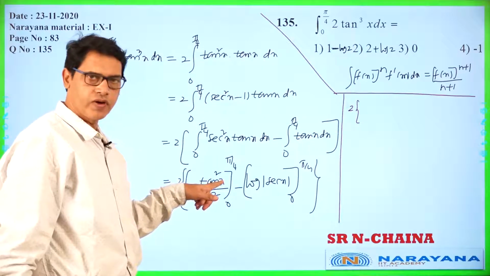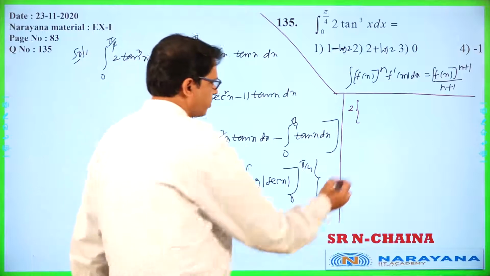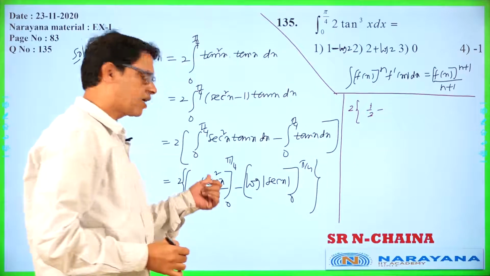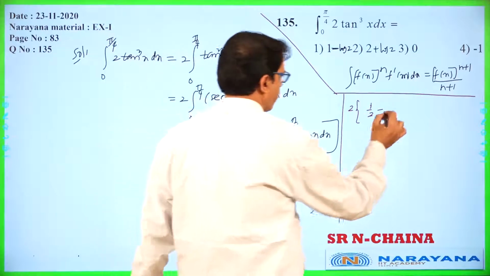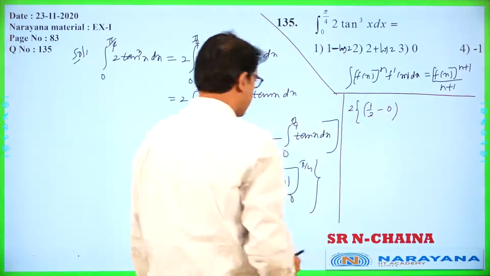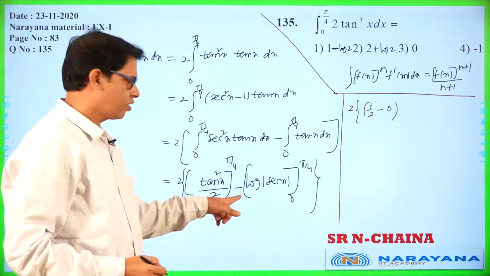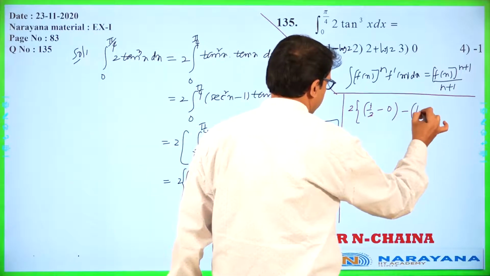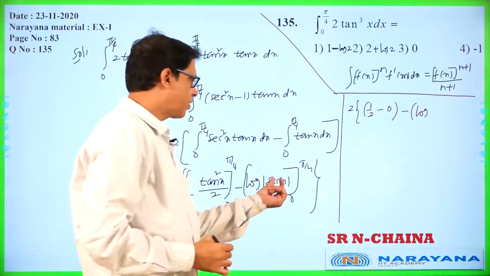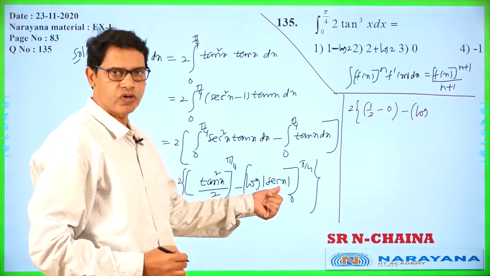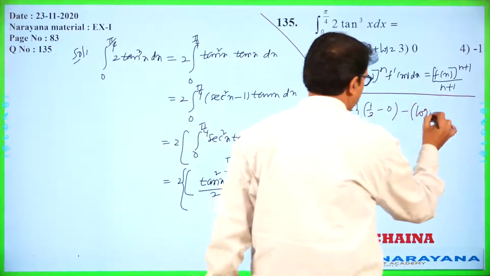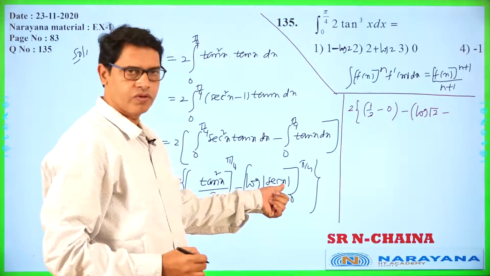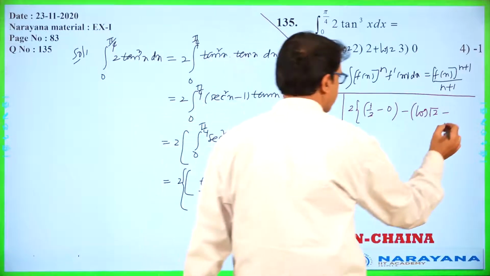Tan pi by 4 value is 1, so 1 upon 2, minus, what about the lower limit? Tan 0 will be 0, so 1 by 2 minus 0 for the first one, minus for the second one. So minus log of secant pi by 4. Secant pi by 4 is what? Root 2. So log of root 2 minus log of secant 0, value 1. So minus log 1.